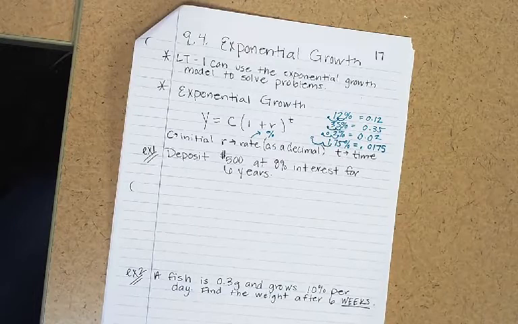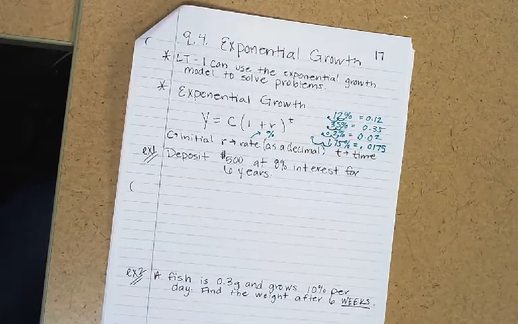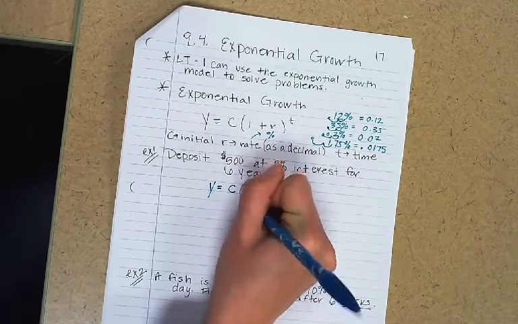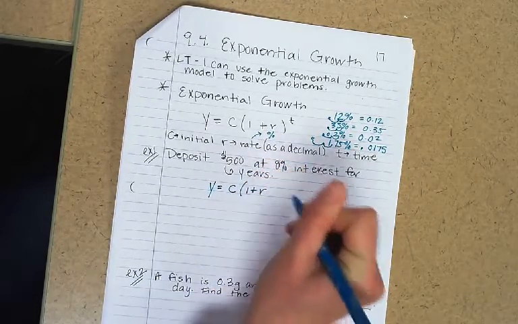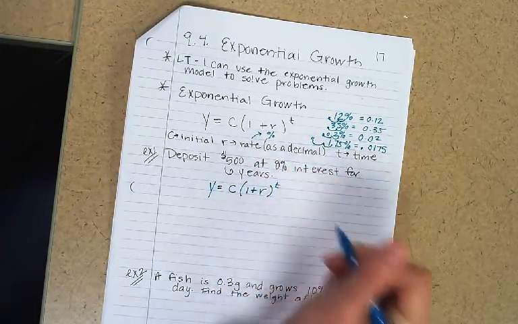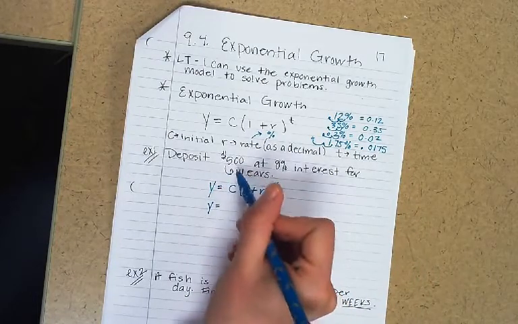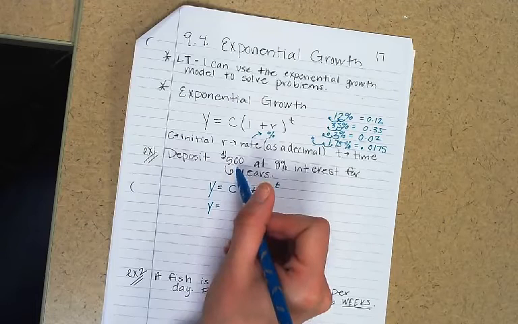So this first example here says that you deposit $500 at 8% interest for 6 years. So we're doing the initial times 1 plus the rate as a decimal to the power of time. Our initial is what we deposit, your starting amount.